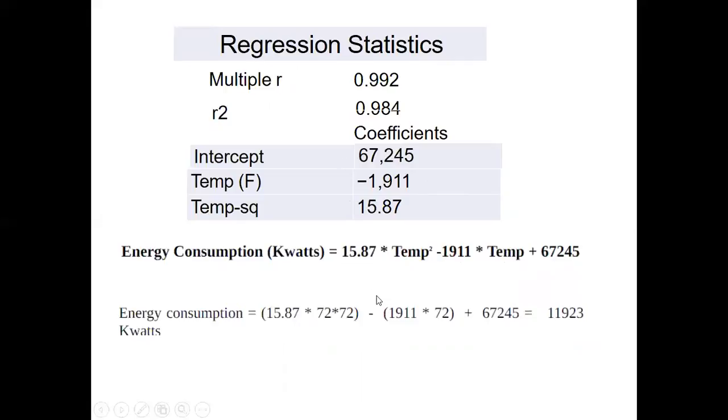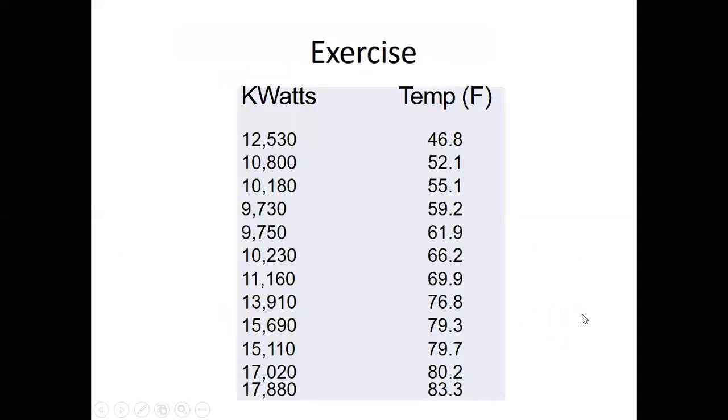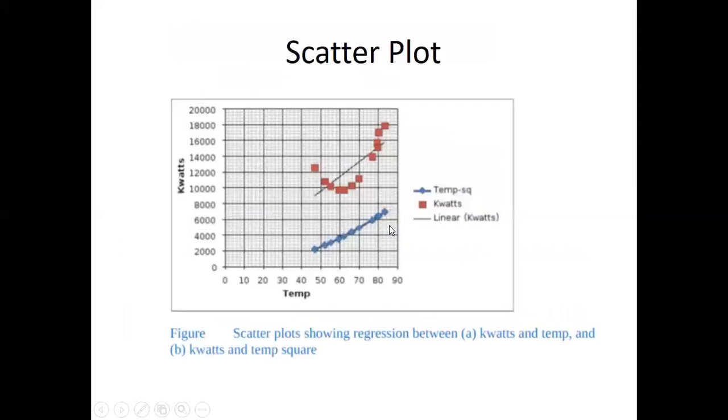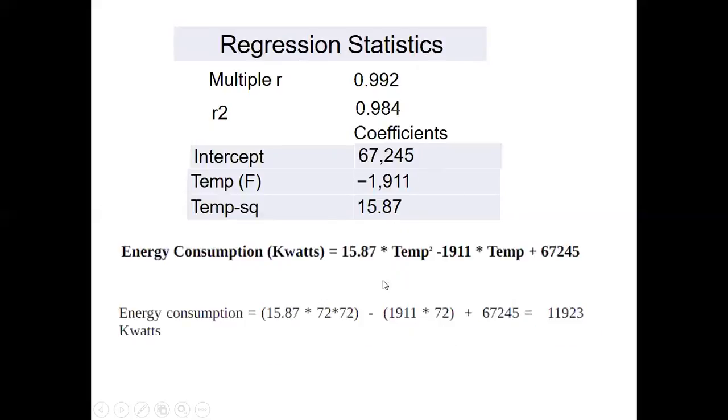If the temperature value is given, we want to predict the energy consumption at 72 degrees. This equation will give the predicted value, that is 11,923 kilowatts. Here x is the independent variable and this is the dependent variable. Using this we are predicting, but in non-linear regression we are just using the square of this to find it.